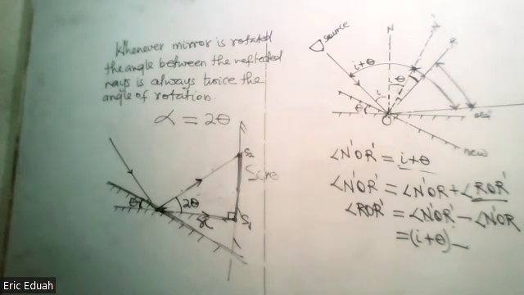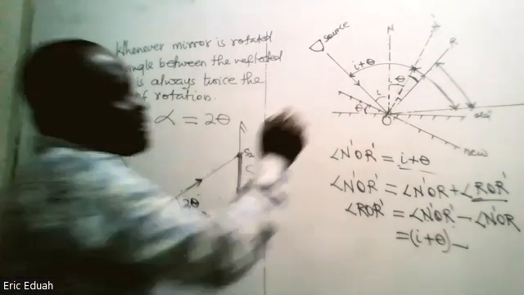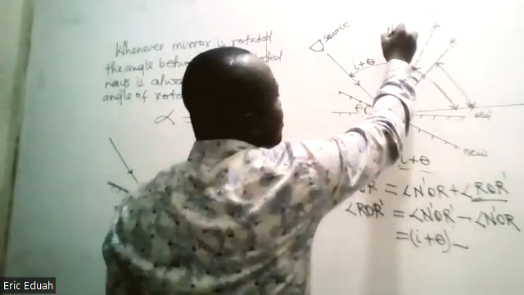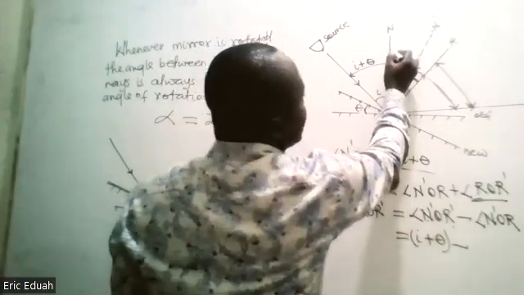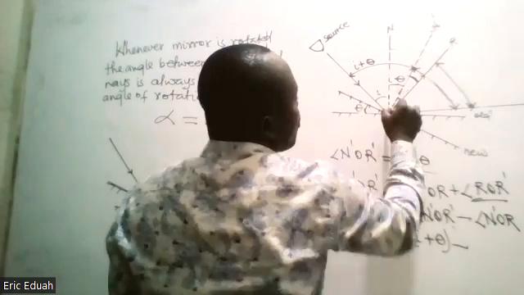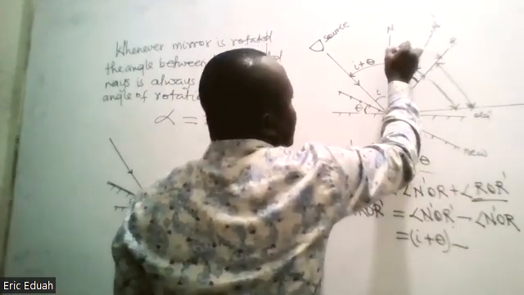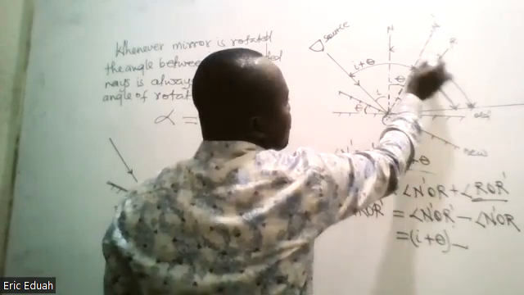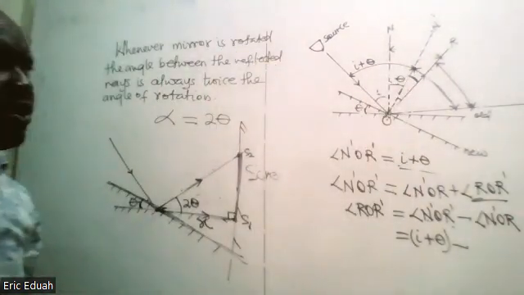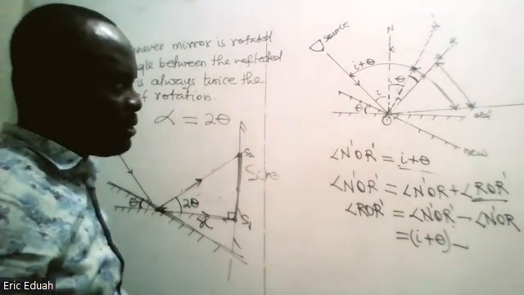Yes. Then I have to find it, but at least I know this angle, N O R, because that's the old angle of reflection when the mirror is not rotated.